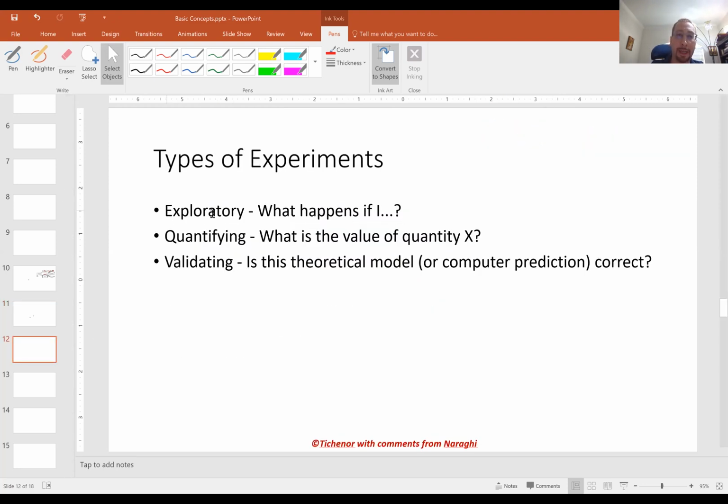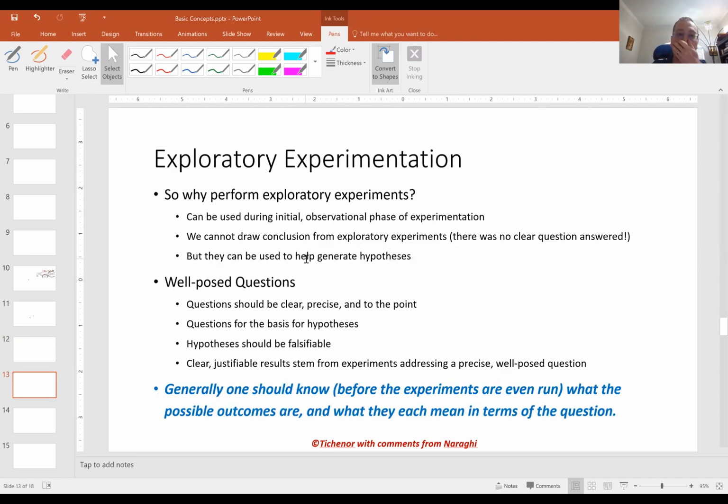So let's look at the exploratory experiments. Another word that is equivalent to exploratory experiment is a rudimentary experiment.